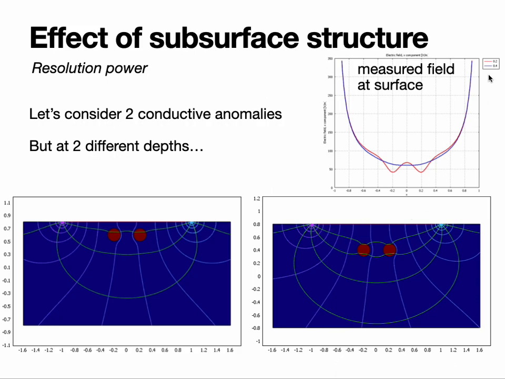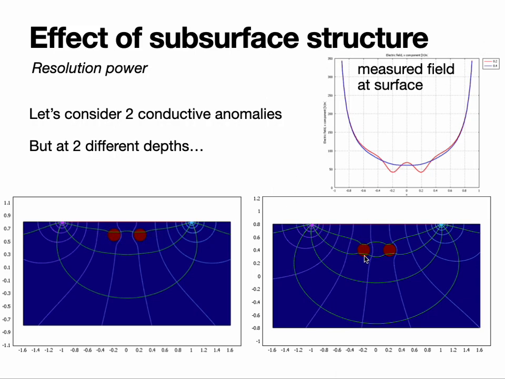So these are two measurements. One for the shallow case is the red line. So when the two cylinders are close to the surface, you see a very strong amplitude signal. So you can detect easily that there are two bodies.